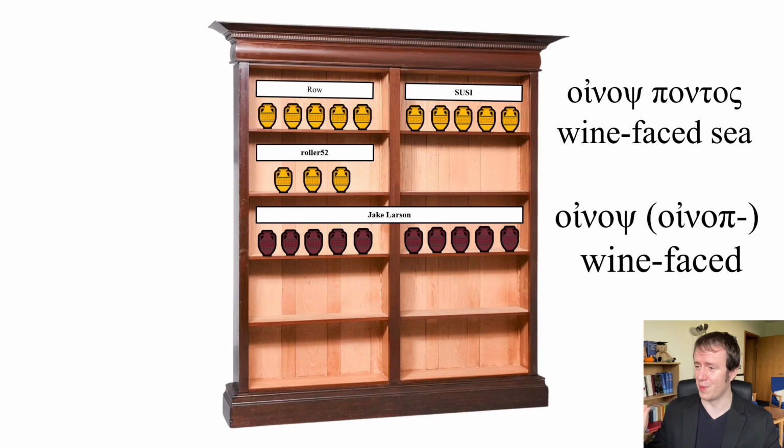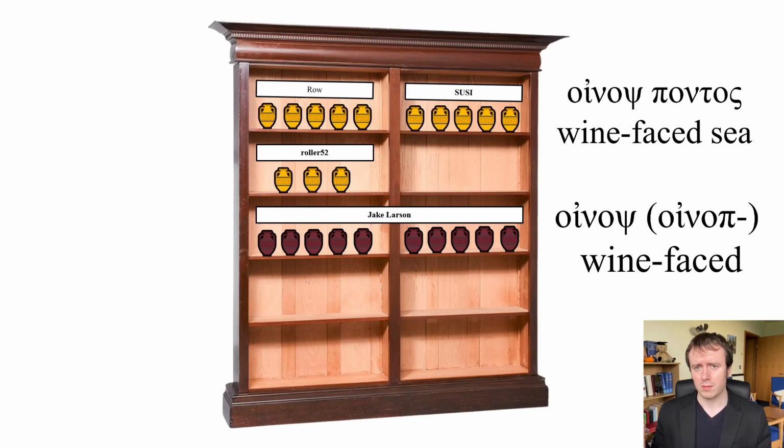That's an alternative proposal. And some other scholars think that the term isn't referring to the colour of the sea, but rather to some other quality of the sea. Perhaps it's something more metaphorical. Anyway, we don't know what this term wine-faced means. It's been translated as wine dark historically. That's because of an ancient lexicographer who glosses the term as meaning dark.